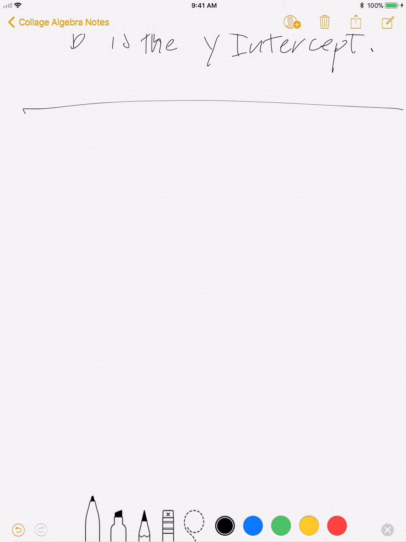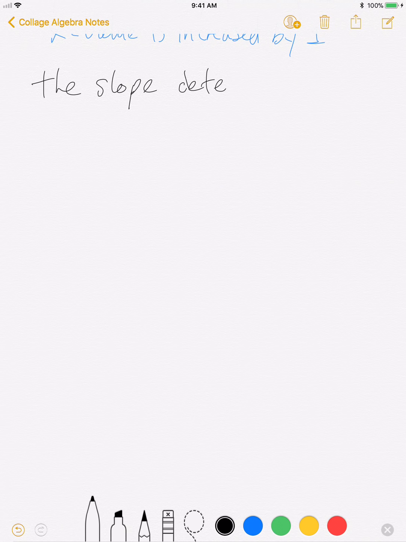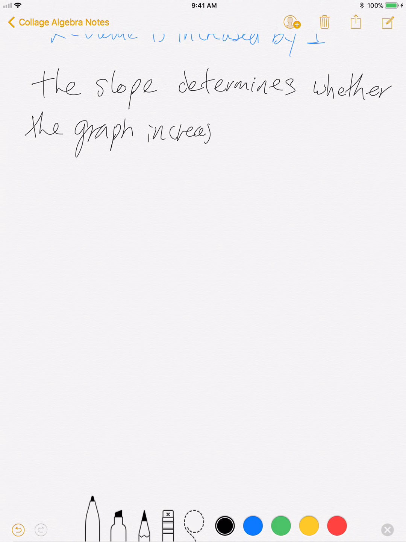Based upon this definition, the slope will determine whether the graph increases, decreases, or is constant.